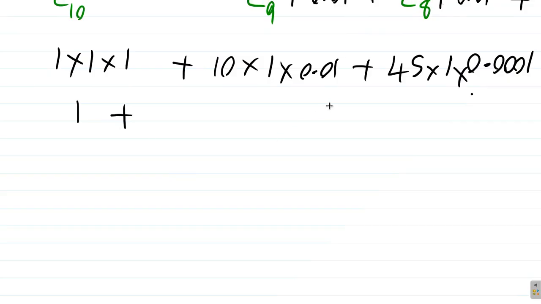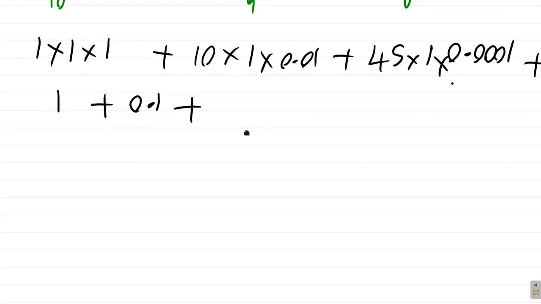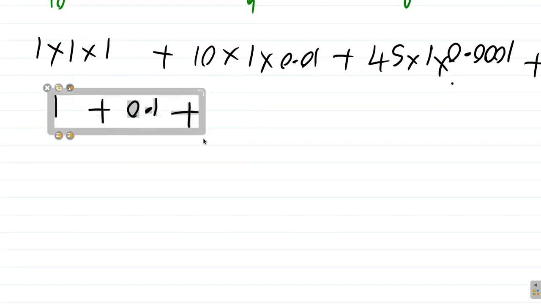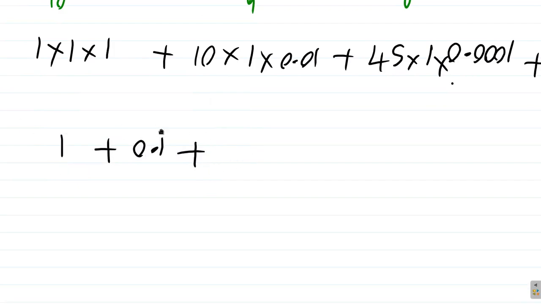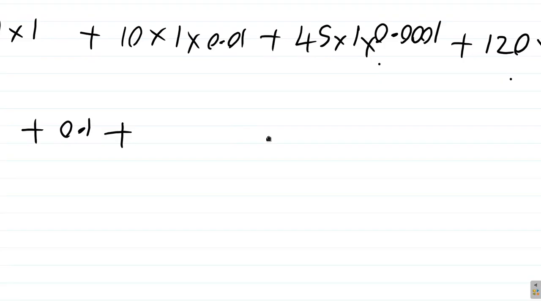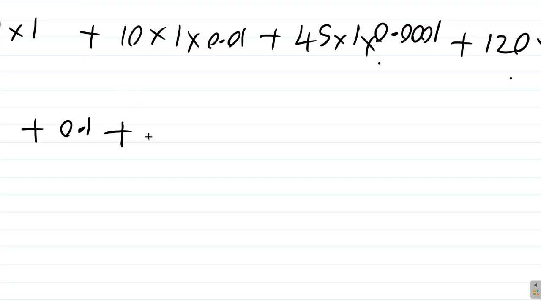Plus 10 by 1 by 0.01 would be 0.1, plus this part, 45 by 1 is 45, multiplied by 0.0001, so 45 times 0.0001 equals 0.0045.